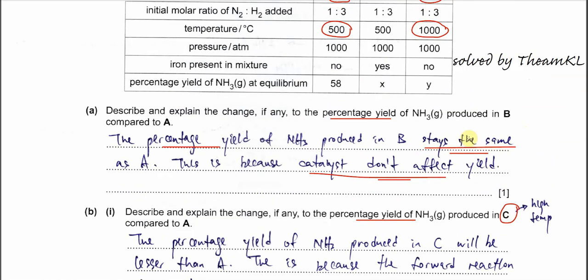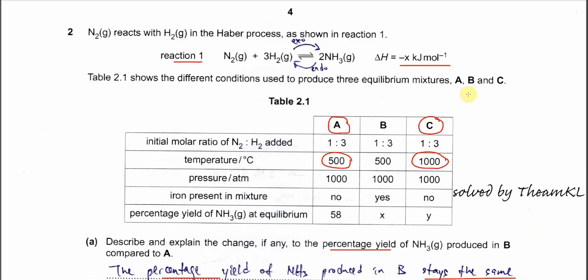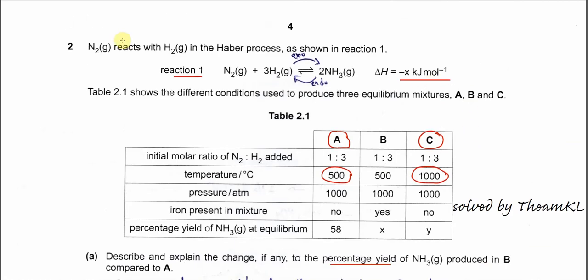Then we need to refer to the enthalpy that is given, because in this question it initially already told us that this reaction is exothermic. When temperature increases, the equilibrium will try to reduce the temperature by moving backwards. Because moving backwards is endothermic, it will absorb the heat.